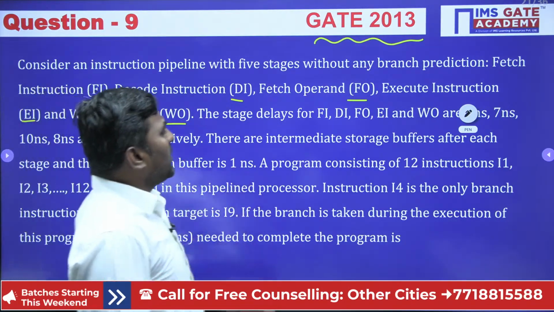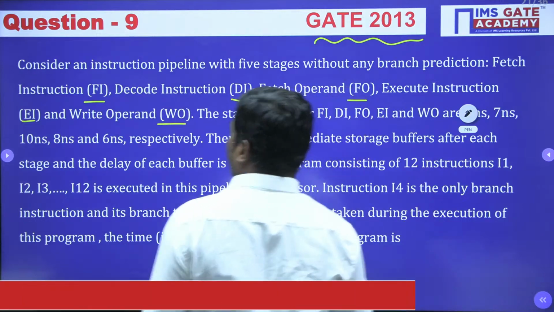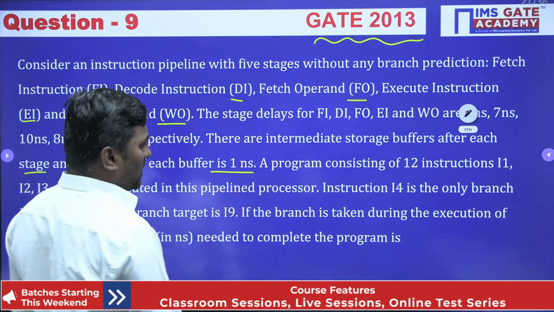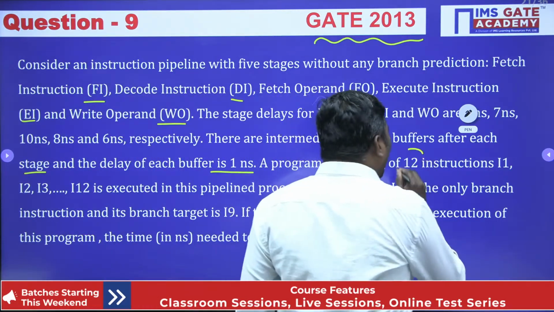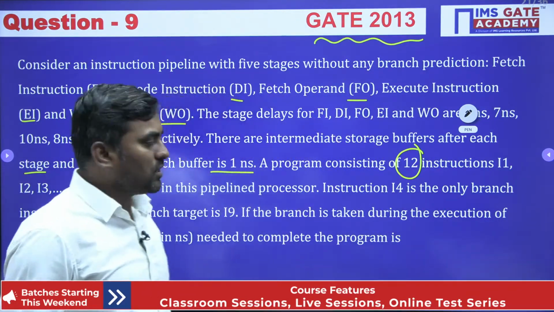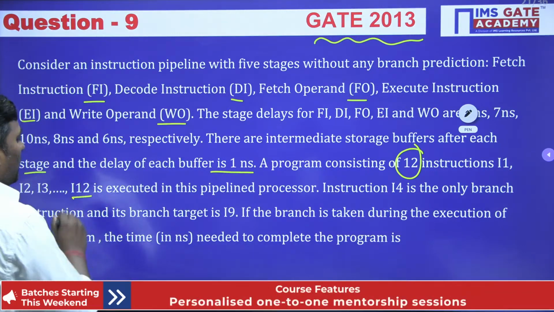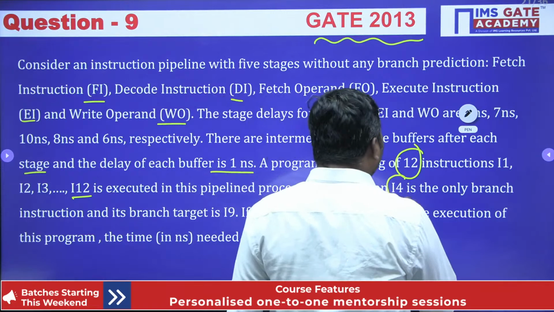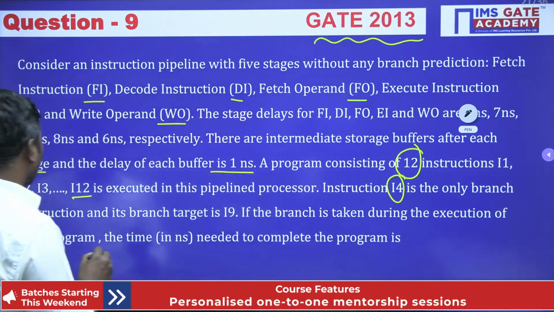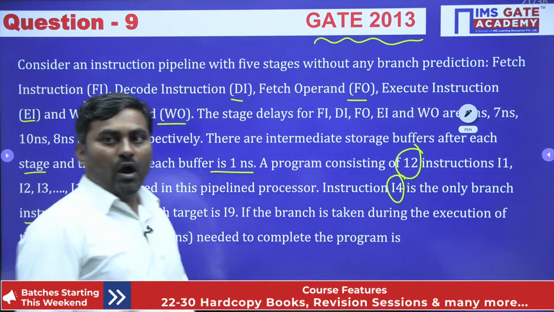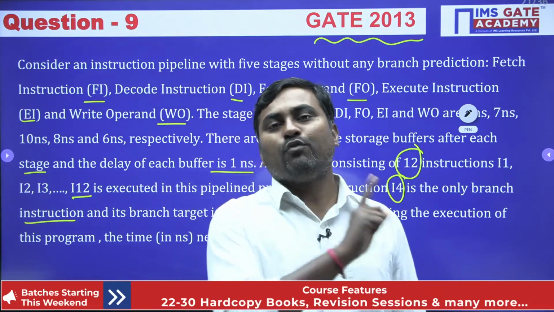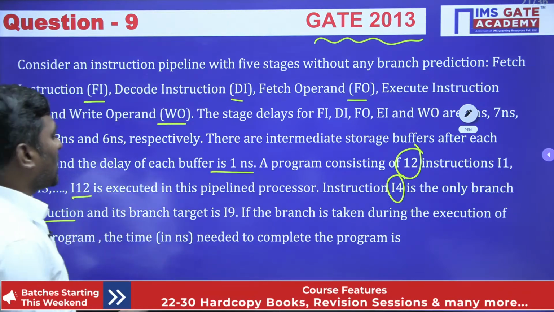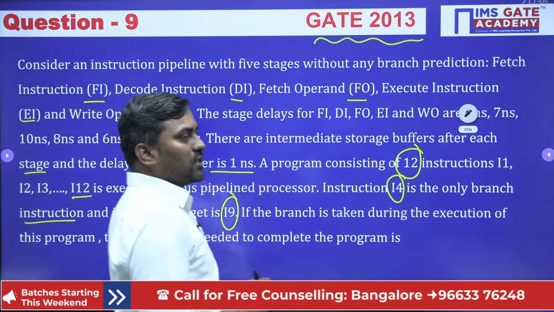There are intermediate storage buffers after each stage, and the delay of each buffer is 1 nanosecond. A program containing 12 instructions, I1 to I12, is executed in this pipeline processor. Instruction I4 is the only branch instruction out of the 12, and its branch target is I9.